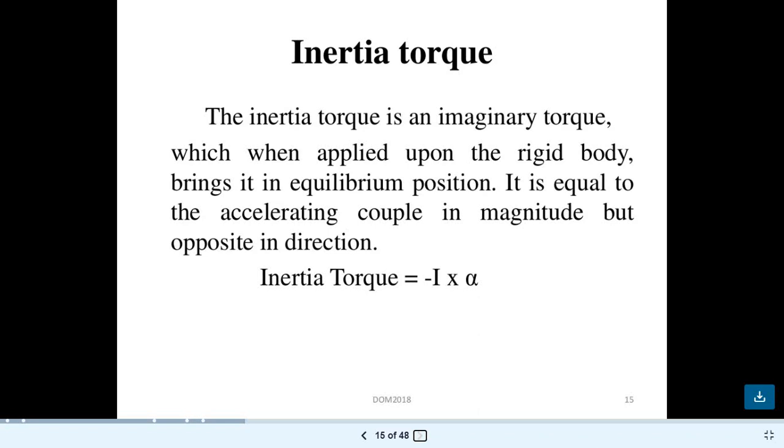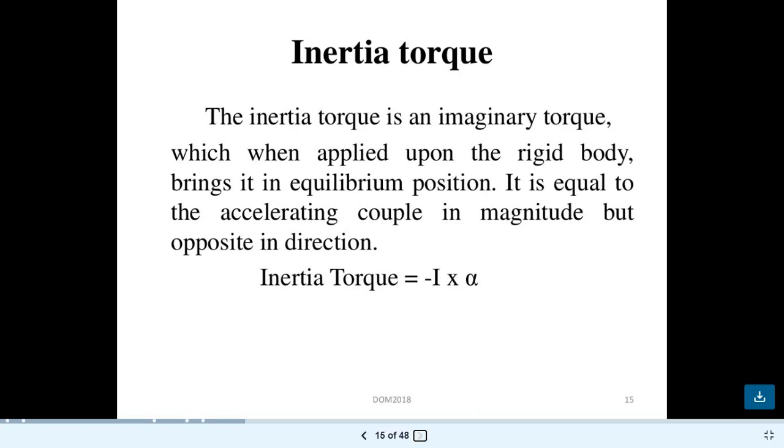The body tends to rotate. That rotating motion is resisted by some external force. So the couple moment is again brought to equilibrium.